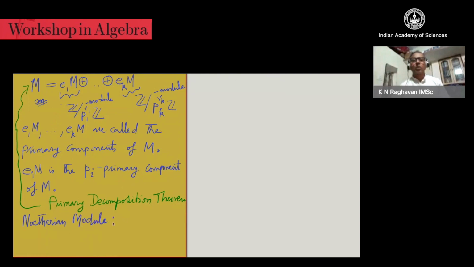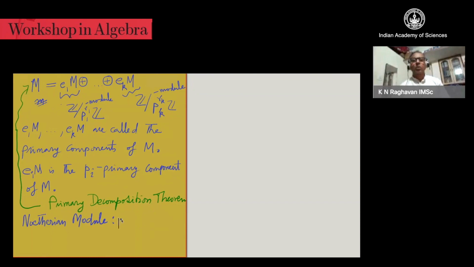It's both Artinian and Noetherian. It's what is called a finite length module. So what that means is any chain of submodules in M stabilizes.